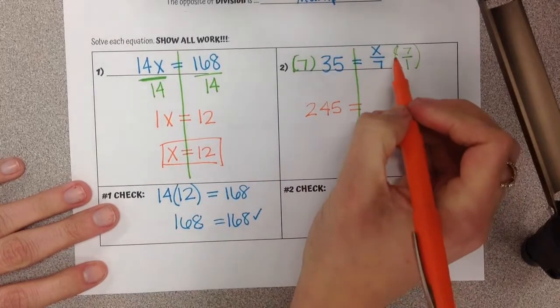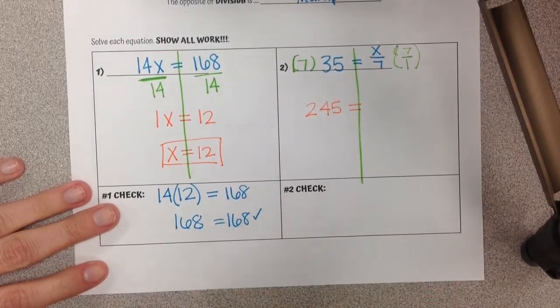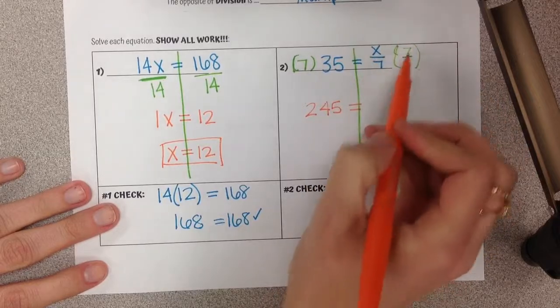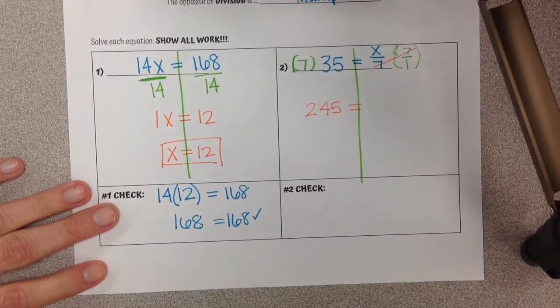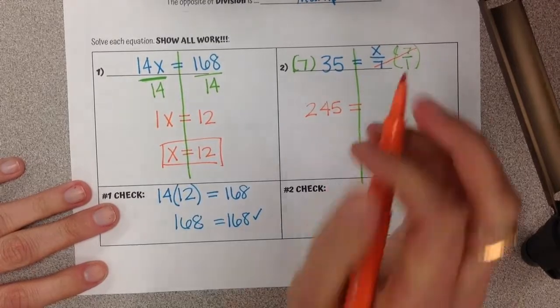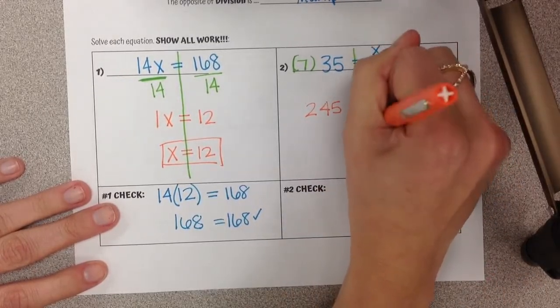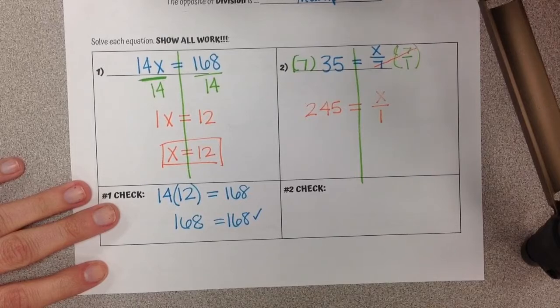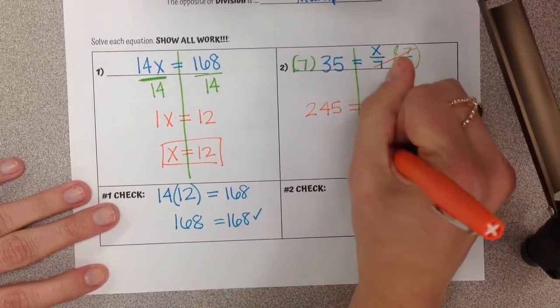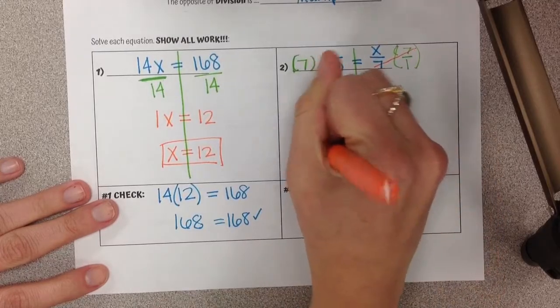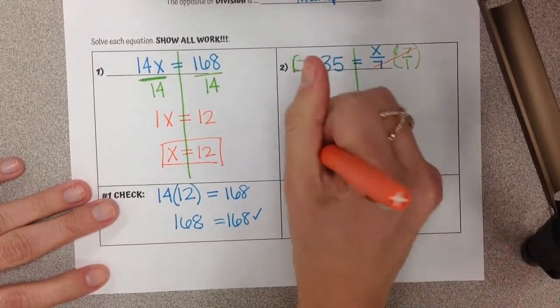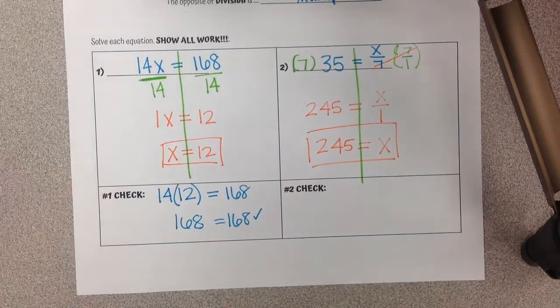On the right side, if we're thinking about multiplication here, like a fraction, when you've got diagonals, if they are the same number, they actually cancel each other out. So you'd be left with x over 1, which really is just x, because anything divided by 1 is itself. So you'd get 245 equals x.